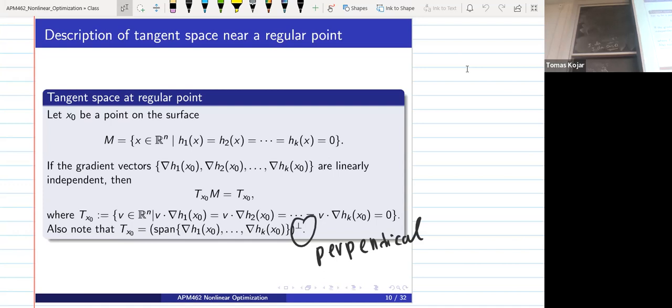What happens if they're not? Then it's not a regular point and this trick doesn't work, because I just gave you a counterexample in the previous slide. Remember, the gradient of h was 0, 0. That's useless. It says every vector is tangent to it, which is false.